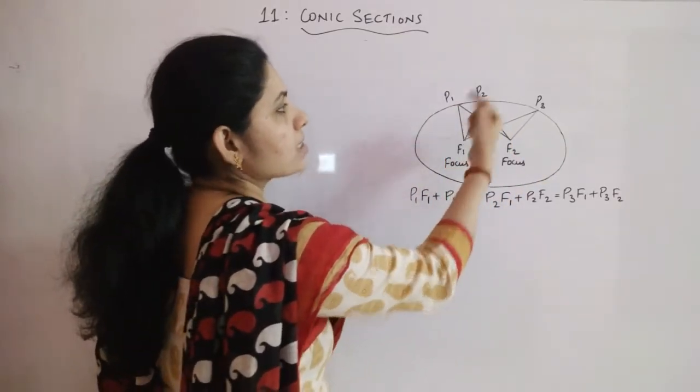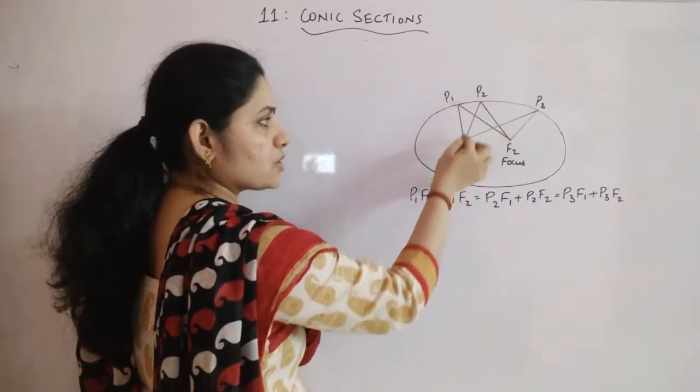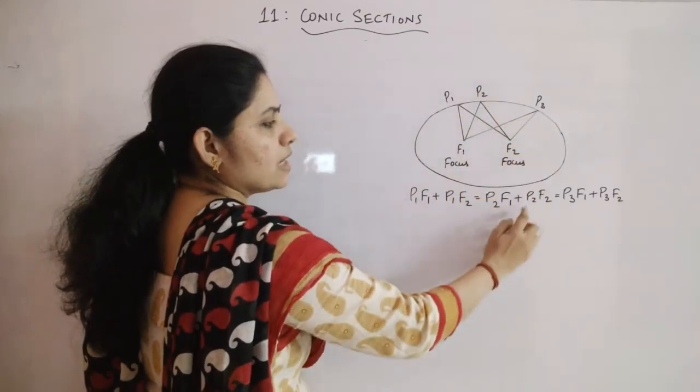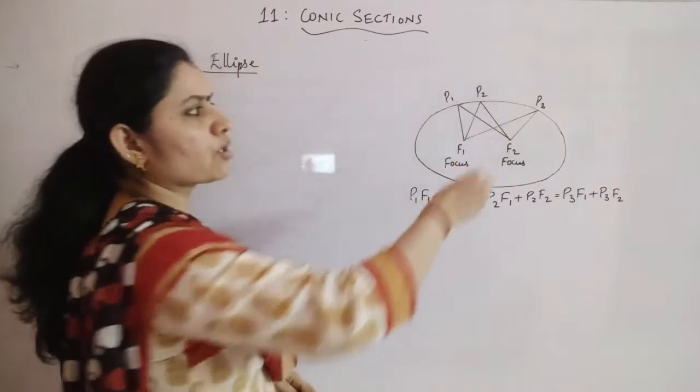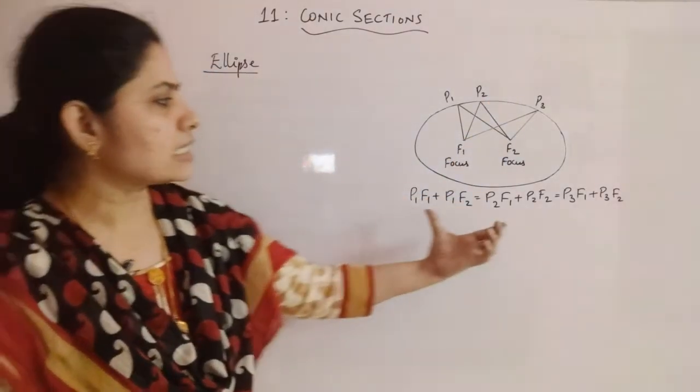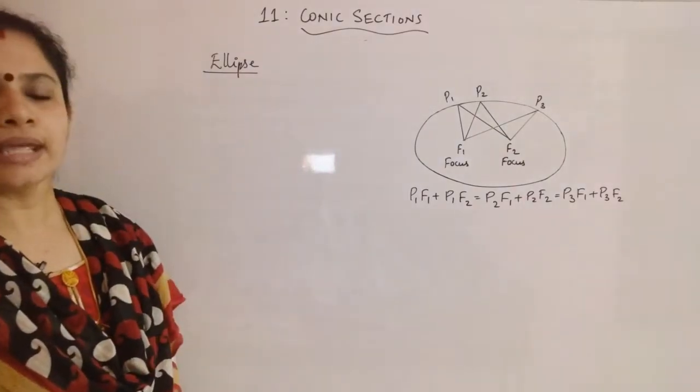Another point P2 with the same property, P2F1 plus P2F2, will give the same constant. The locus of all such points satisfying this property gives the shape of an ellipse.